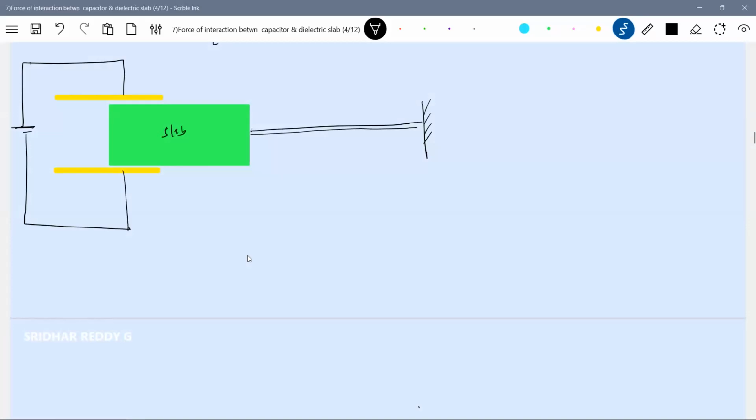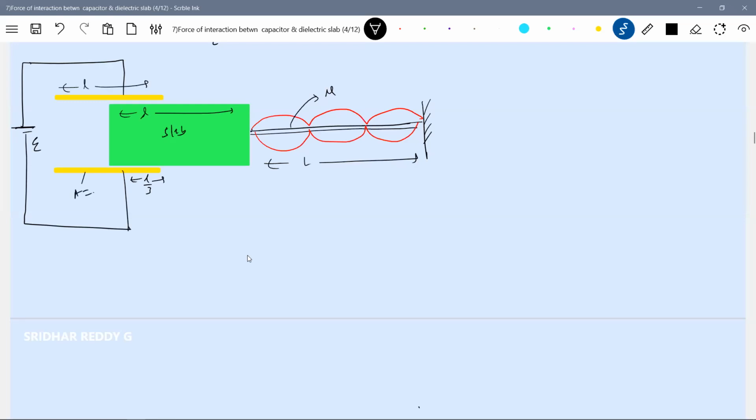Three loops are set up in this one. Let lambda be the mass per unit length of the rope, and L be the length of the rope. L by 3 length of the slab is between the plates. L is the length of the slab, and it's a square plate. Separation between the plates is D.